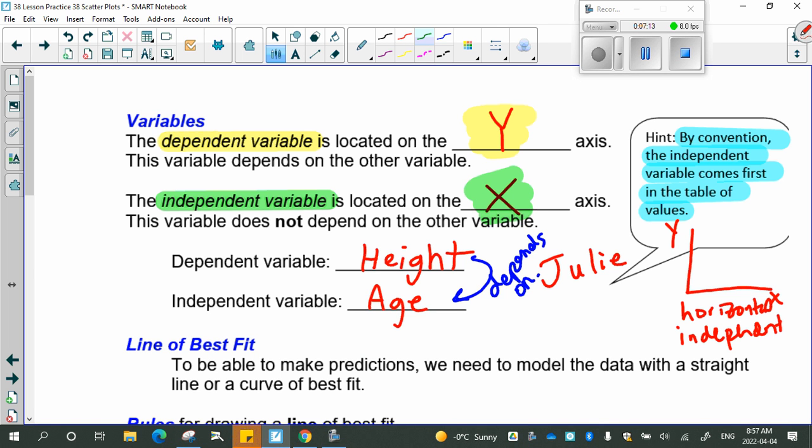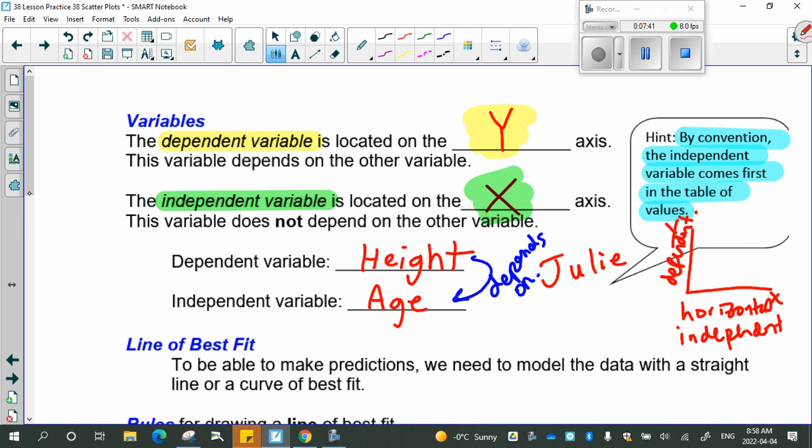And vertical is always dependent. So independent always comes first in the table. So if you get like an EQAO question that gives you a table of values and it says what's the independent variable, it's the one in the first column. So age in this question, right? And if they ask you what's the dependent variable, height in this question, the second column of the table.